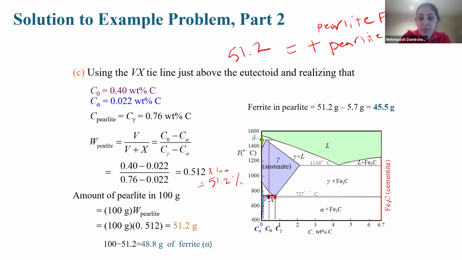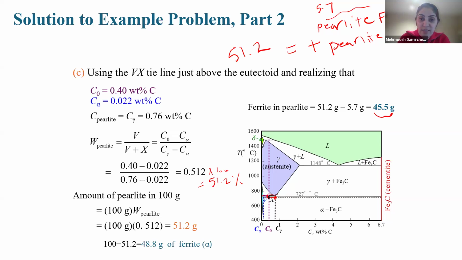If you remember the last slide, we found the perlite cementite. How much? 5.7. So this minus this, we can find the perlite alpha, or ferrite in perlite, that is 45.5 grams. And the residual should be ferrite alpha.